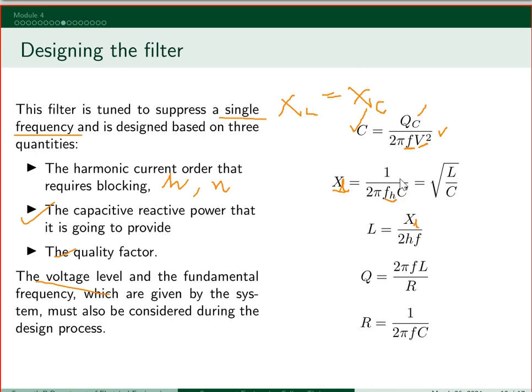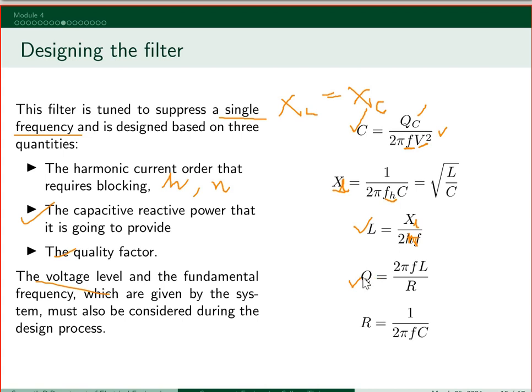So at FH, the capacitive reactance 1 by 2 pi FH C will be equal to the inductive reactance XL. So you'll have to choose the L in such a way that this particular condition is satisfied. So XL by 2 pi F. This is 2 pi F.